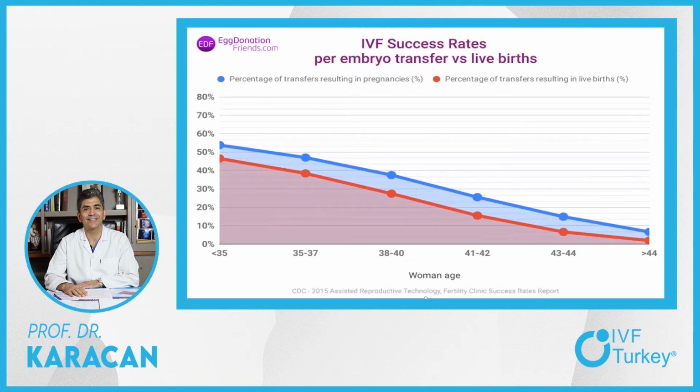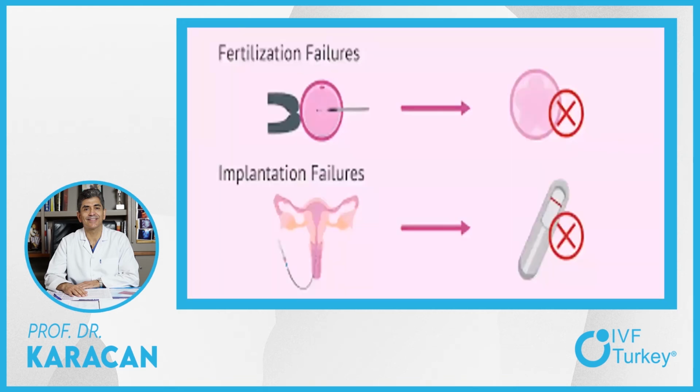Due to aging. And there are 2 obstacles in the process of IVF. The first one is fertilization failure. The second one is implantation failure. Fertilization failure means that after the injection of sperm into the oocyte, or in conventional IVF, when you put the sperm by the egg, the sperm is supposed to get into the egg.